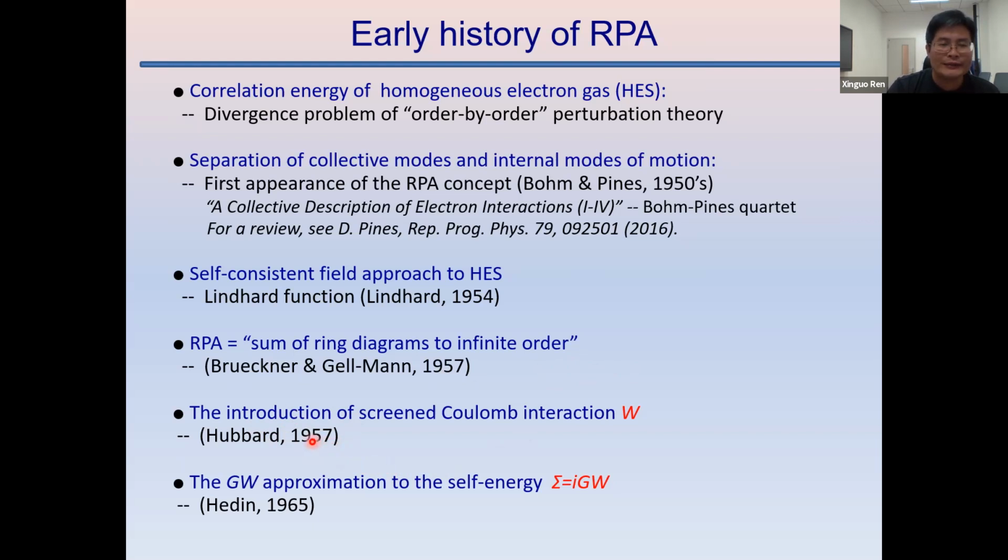In the same year, Hubbard introduced the concept of the screened Coulomb interaction. This screened Coulomb interaction is a key quantity for many-electron systems, and many following developments are based on this quantity. And in 1965, Hedin introduced the GW approximation, whereby the self-energy is given by a product of the Green function and the screened Coulomb interaction. Dorothea will talk about this in her talk.